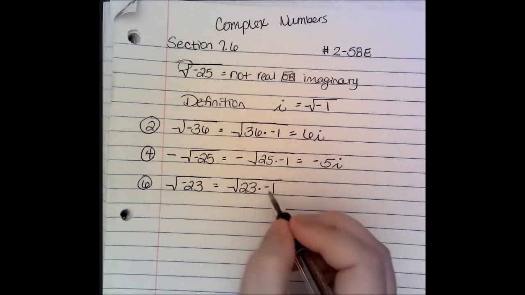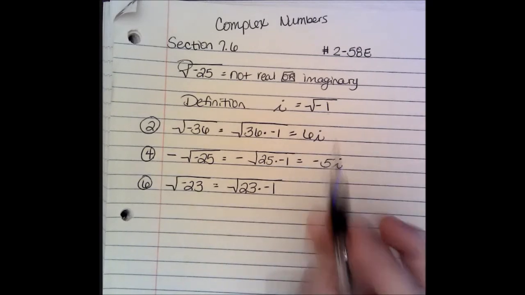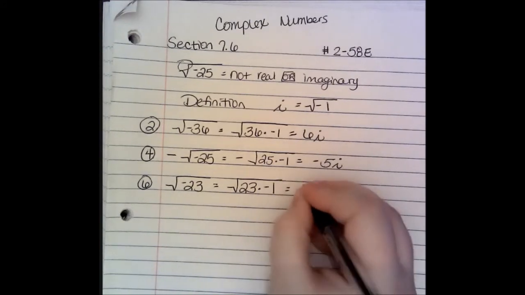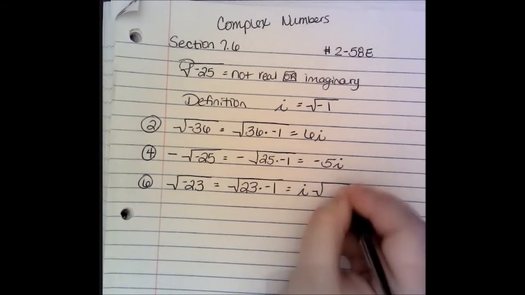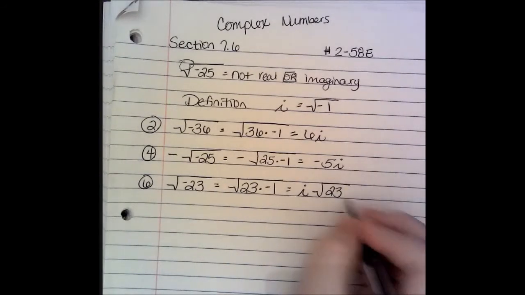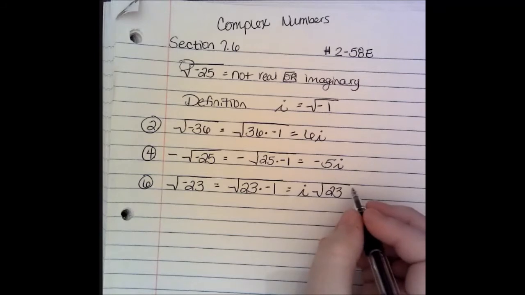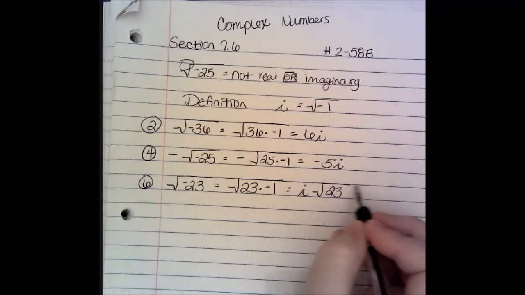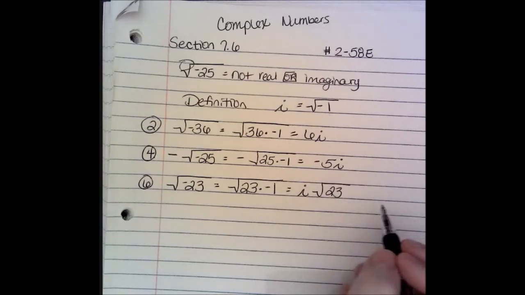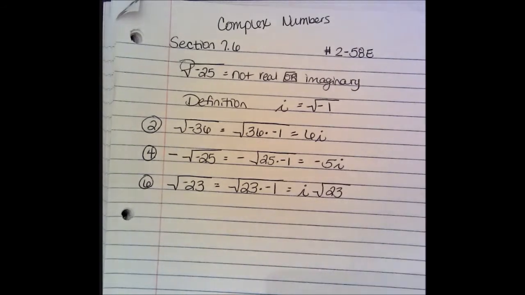However, we can still take that negative 1 out to be an i. So we put the i out in front, and that 23 stays under the radical. Do not put the i in back because it could look like it's under the radical, and we always want it in front because it is considered a coefficient, and coefficients go in front of the radical.